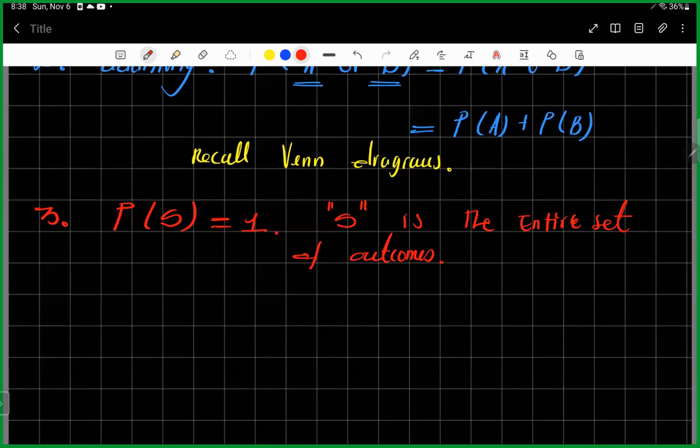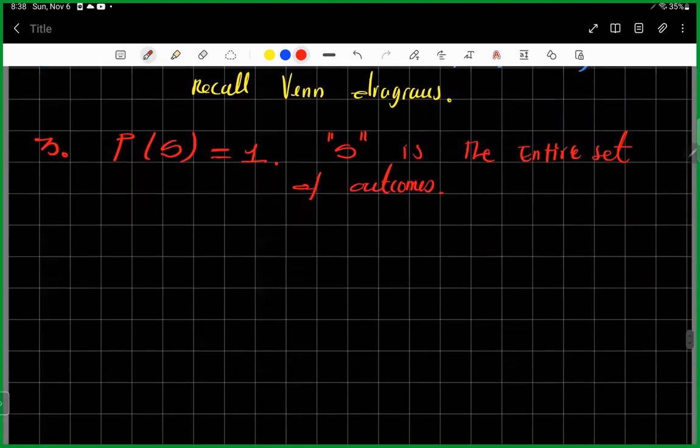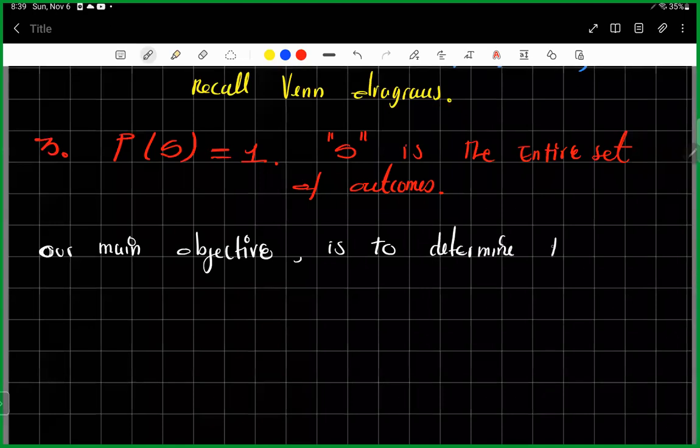Okay? Now, the main objective here will be to determine the probability P of a given event, okay?